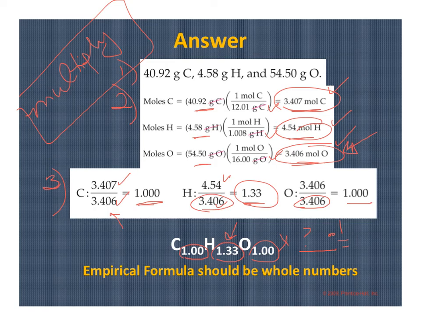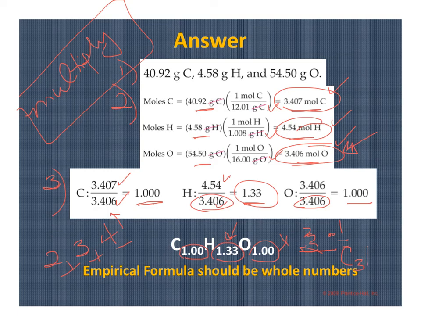If you don't see that intuitively, just start multiplying the subscripts by whole numbers, by 2, by 3, by 4. The whole number you'll multiply by will be one of these, 2, 3, or 4. I've never seen it be higher than 4. So let's go ahead and multiply all these by 3. What do we get? We get C3, because 1 times 3 is 3.